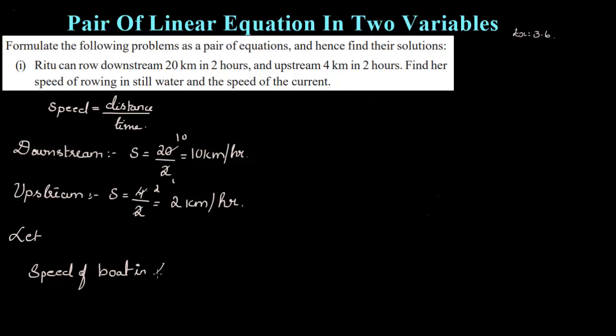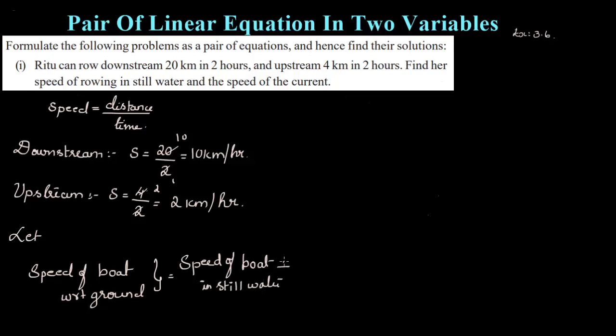Speed of boat with respect to ground is equal to speed of boat in still water plus speed of stream or speed of current. Both are the same, right?